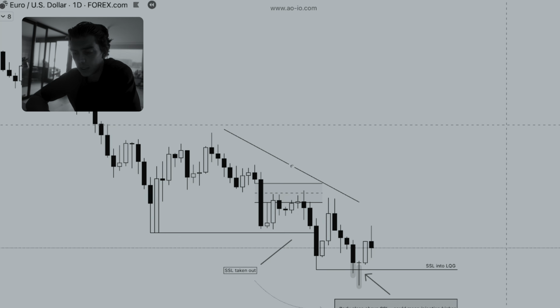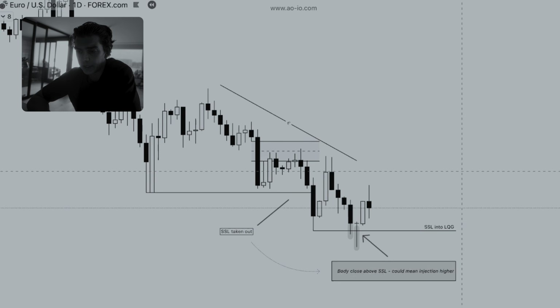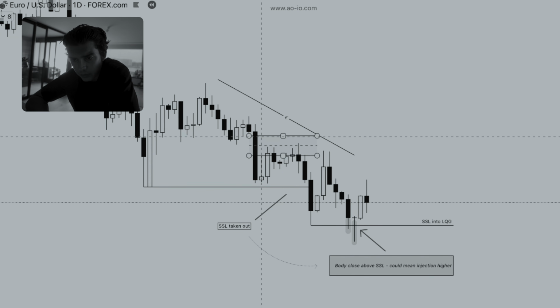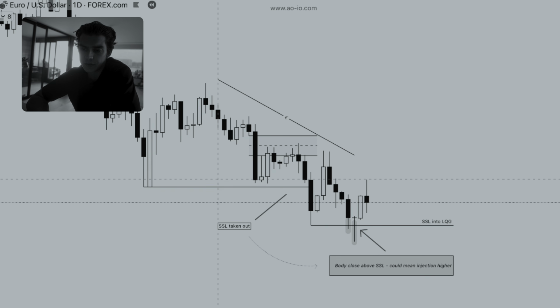What we knew, when it comes to liquidity concepts as well, is that we can see one of two things, right? We can see that bearish arrays are being created, sell-side liquidity is being taken out. We can see a little bit of fine-tuning here, right?